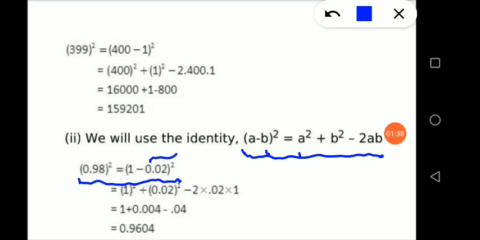After solving we will get our result. I hope there is no confusion why we are taking 399 as 400 minus 1 and 0.98 as 1 minus 0.02. Already it is explained to you.